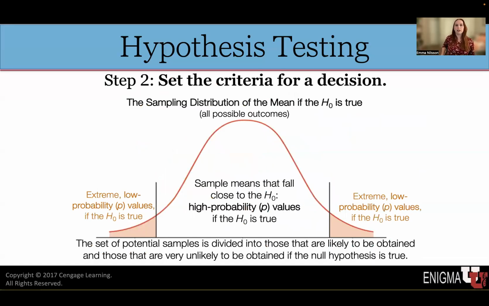So step 2 is going to be setting our criteria for a decision about our hypothesis. Eventually, you as a researcher are going to use the data from your sample to evaluate the credibility of the null hypothesis, right? You're going to use that data to make a decision. So the data is either going to support the null hypothesis, or it's going to give us enough evidence that we can refute the null hypothesis and reject it.